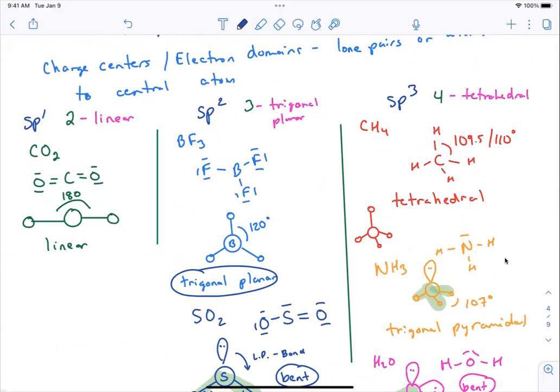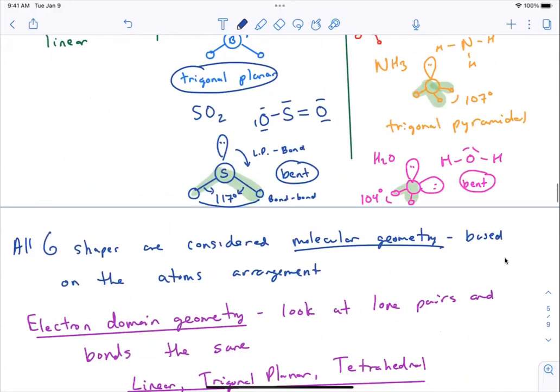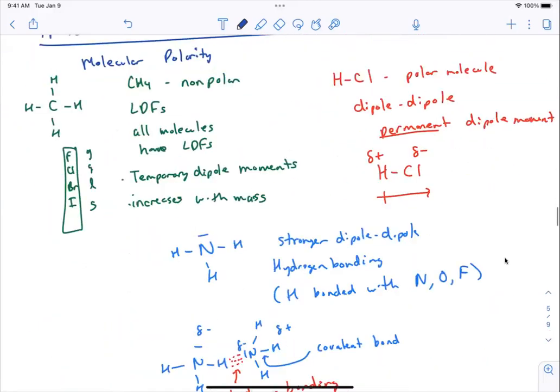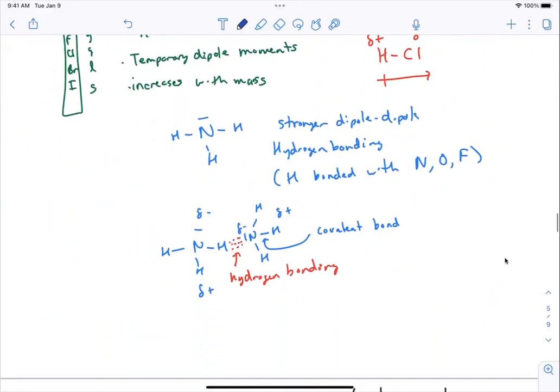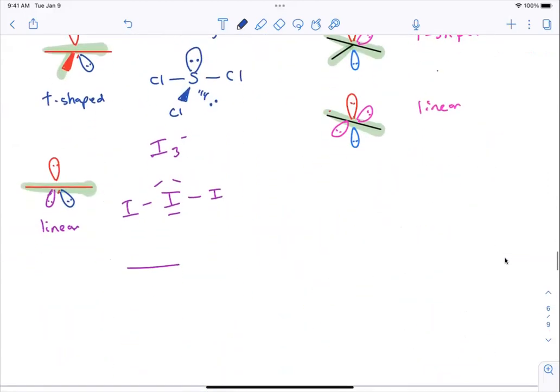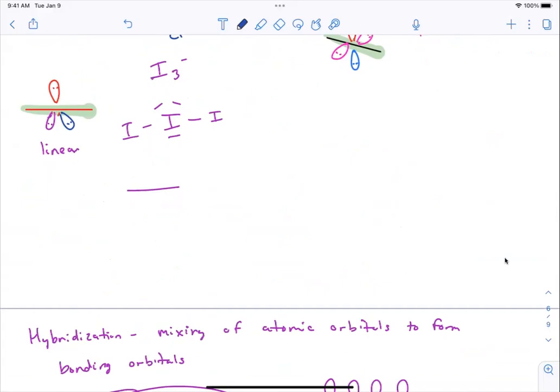Yes, but it's not that bad. So the thing is, and this is what I think Nick was asking earlier, or someone was asking about expanded octet. Expanded octet can only happen on row 3 and down because you need a certain sublevel to allow for expanded octet to occur. You need the D sublevel, which only happens in row 3 and down.